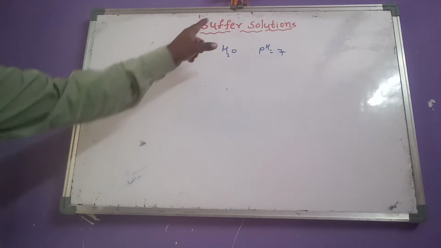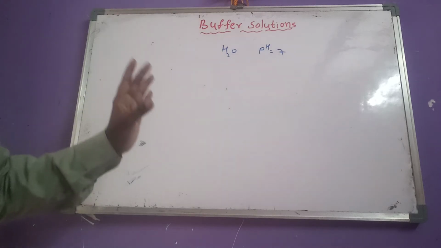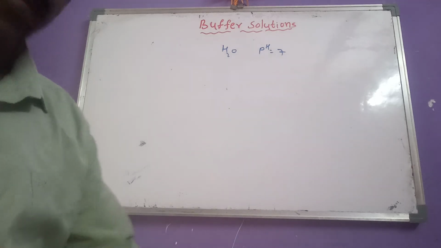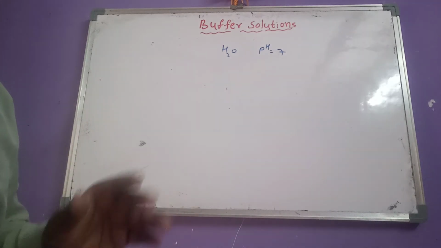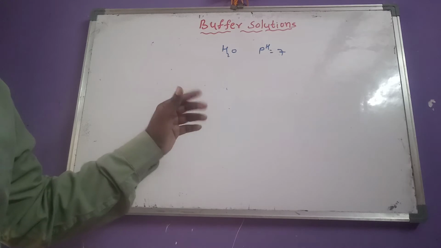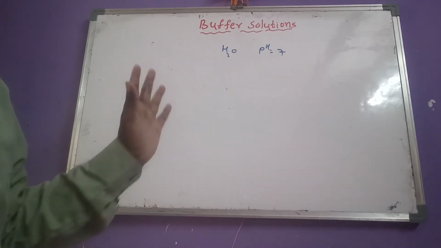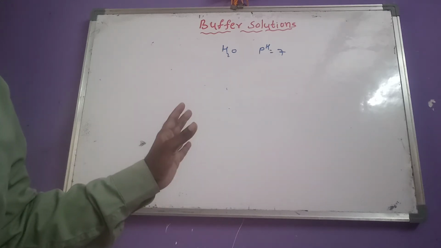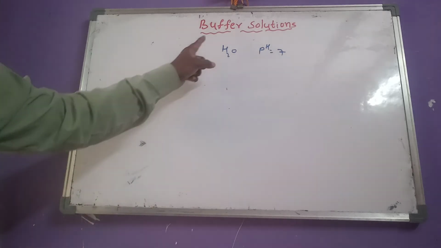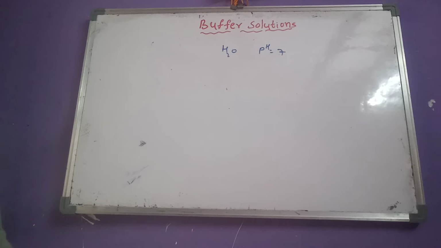But buffer solutions, if you consider, either by the addition of a small amount of an acid or a little amount of a base, they will resist the change in their pH value. We can't observe any change in their pH values. Those solutions are called buffer solutions.